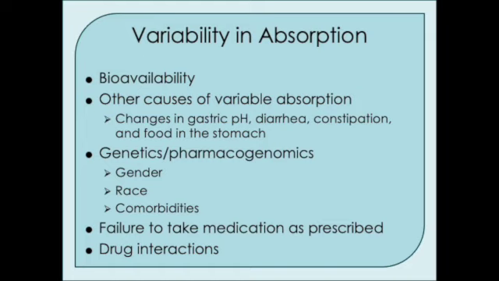Diarrhea can reduce absorption because it accelerates the transport of drugs through the intestines. Conversely, constipation is going to enhance absorption because the drugs have a prolonged time available for absorption.